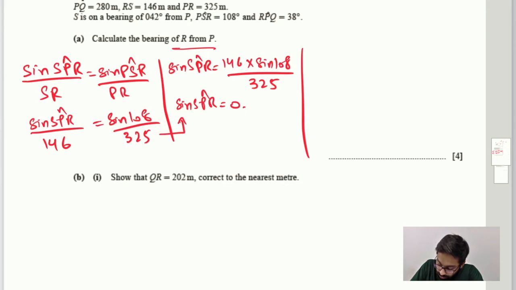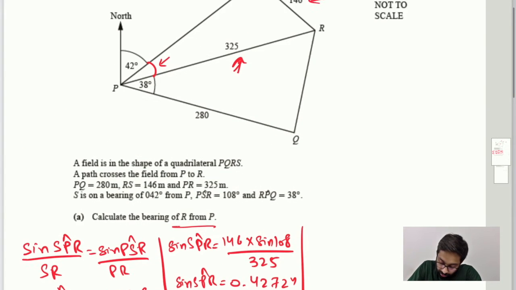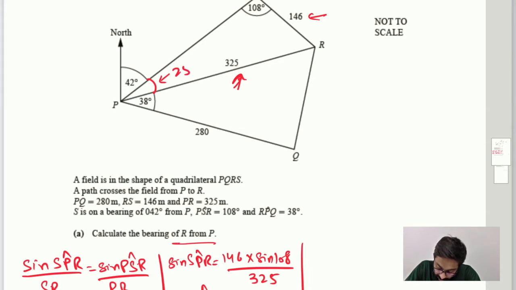It is equal to 0.42724, and the angle that comes out SPR is going to be 25.3. So the angle SPR, we can write that to be 25.3 degrees.